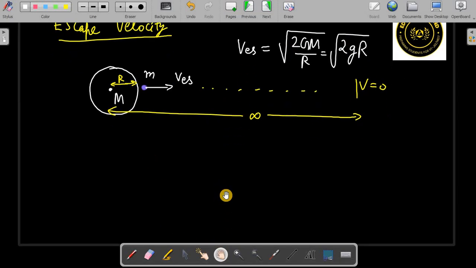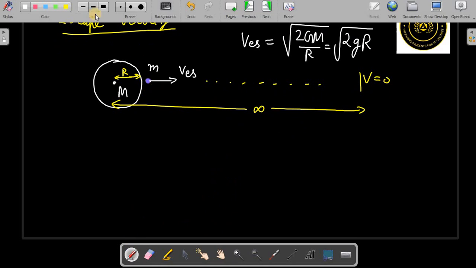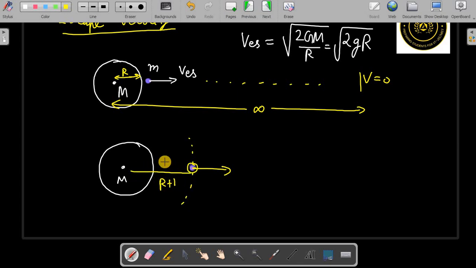Now suppose instead of the surface of Earth, we project it from some height. Then what will be the escape velocity? You need to consider the initial distance as r plus h.